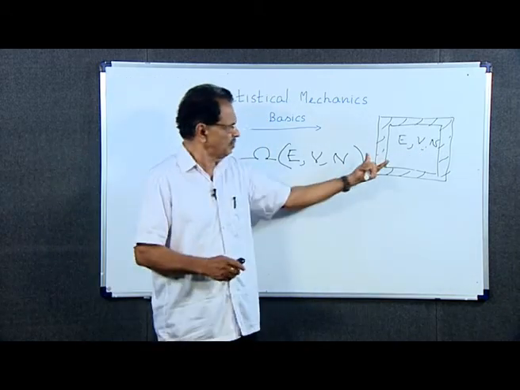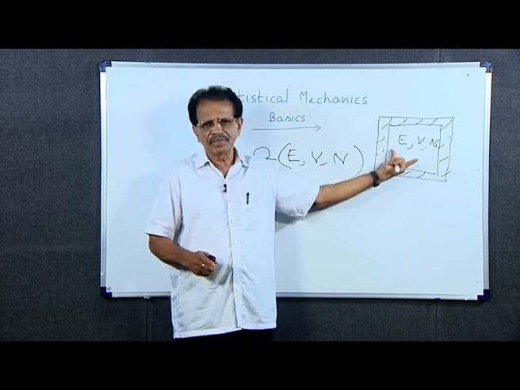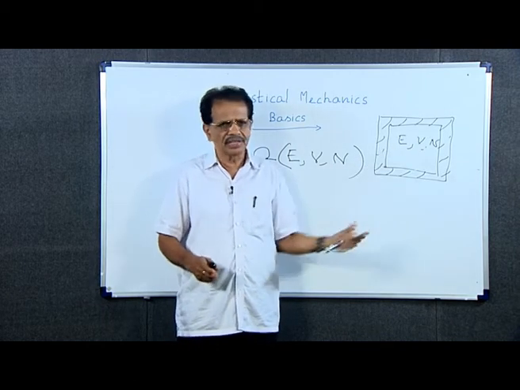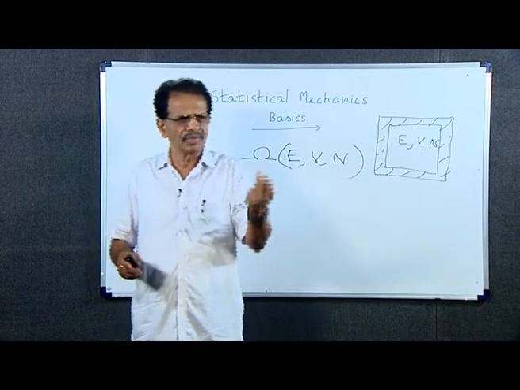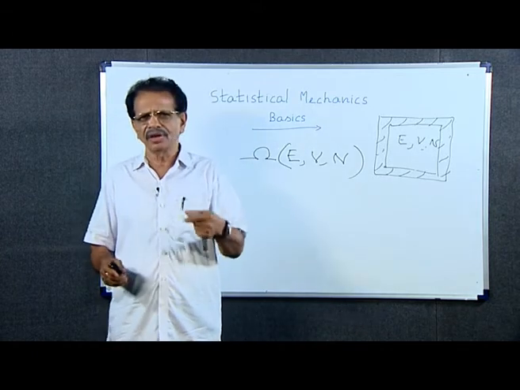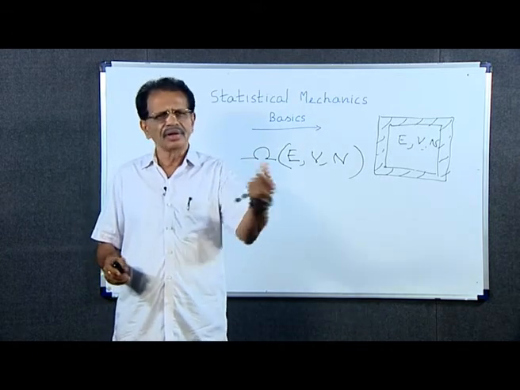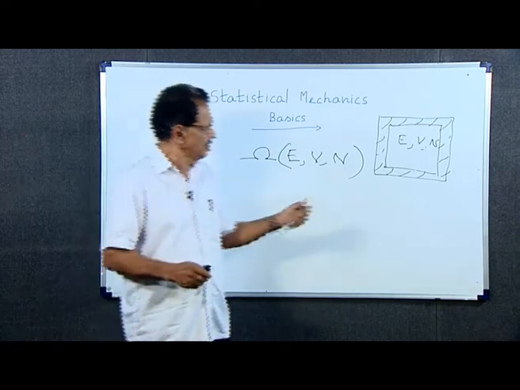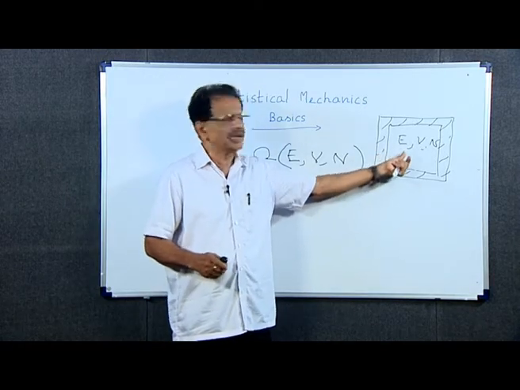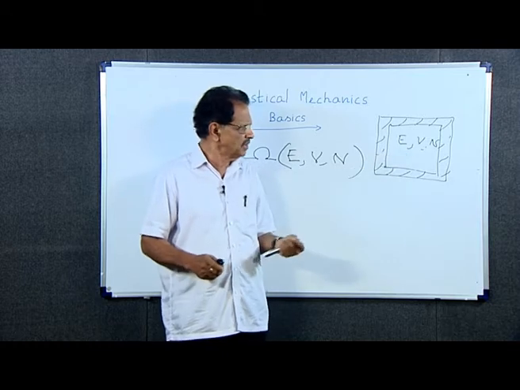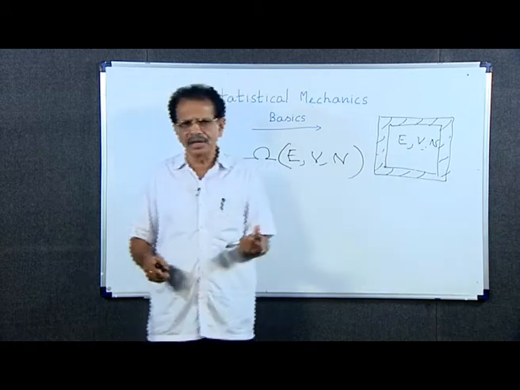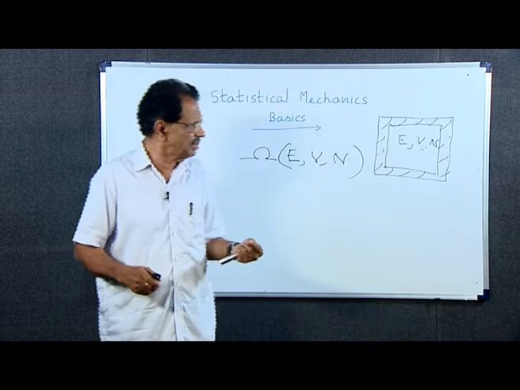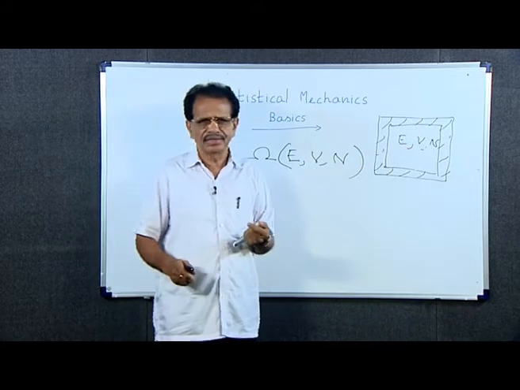If there are 10 to the power 23 particles, a microstate means each particle will have its own position and its own momentum according to classical mechanics. Whether you are using Lagrangian mechanics or the Hamiltonian formalism, there will be coordinates and corresponding momenta in the Hamiltonian formalism. So for 10 to the power 23 particles, it will be very difficult to handle this number of states.